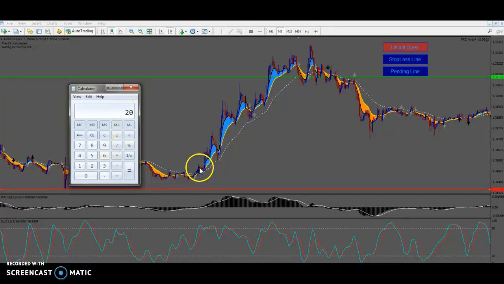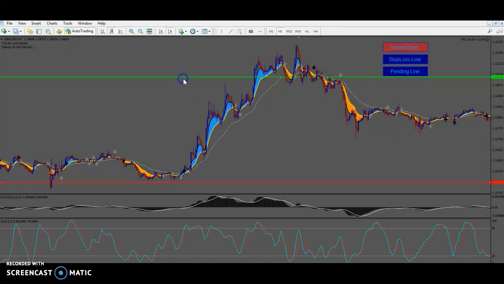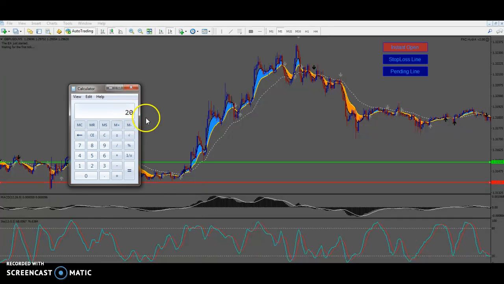Okay, so now let's say I want to play this breakout. So my stop loss is 14 pips. I go back to the calculator. $20 is my risk divided by 14 equals $1.40.